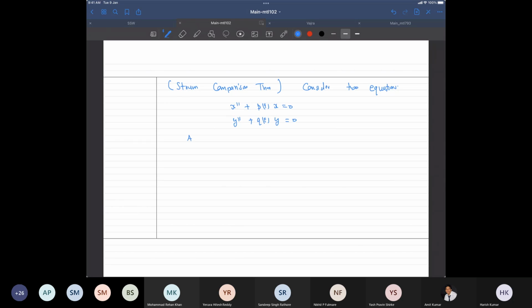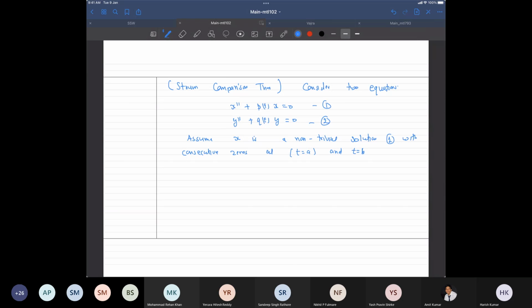Assume x is a non-trivial solution of, let's call it 1, this one, let's call it 2, a solution of 1 with conjugate 0 at t equal to a and t equal to b.